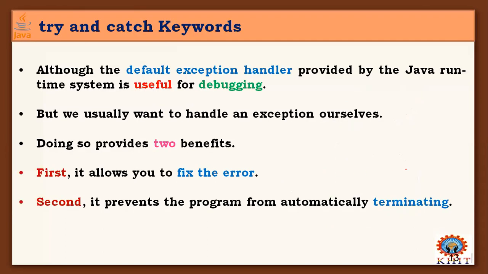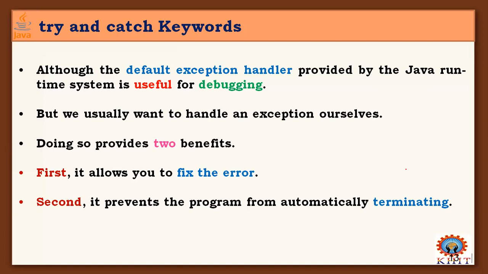Here one question arises before going to handle these exceptions using the try and catch keywords. Although the default exception handler provided by the Java runtime system is useful for debugging, debugging means identifying the errors, either runtime or compile time.